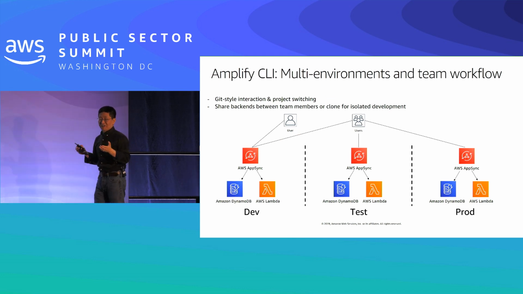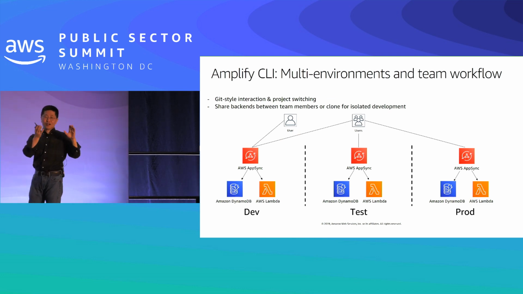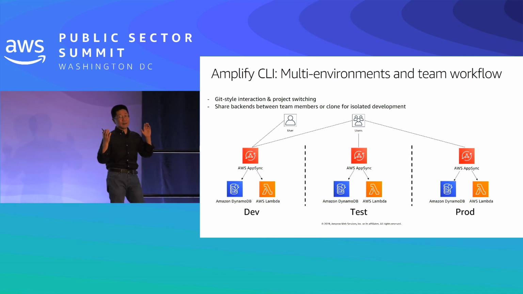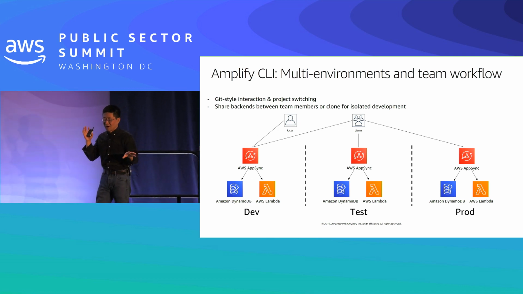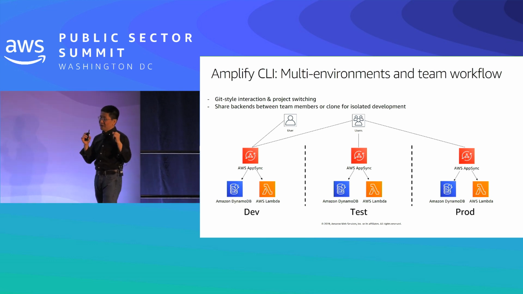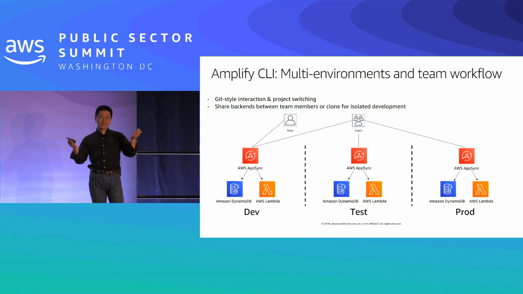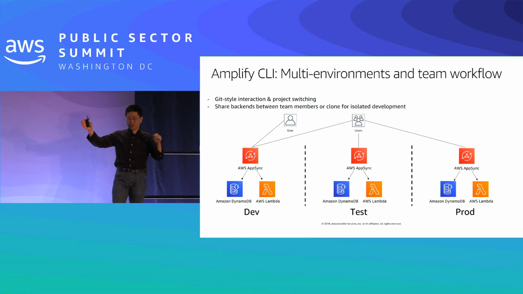So we do understand that a lot of times not a single developer is working on the application, so we do give you support for multiple environments. How it works is in the CLI, you can add an environment, and the environment can be based upon your branches in your Git repository. So you have a dev, you have feature 1, feature 2, different branches.